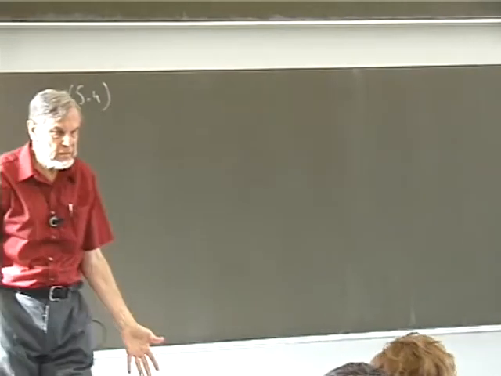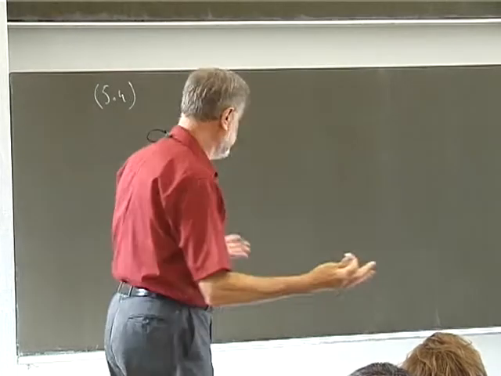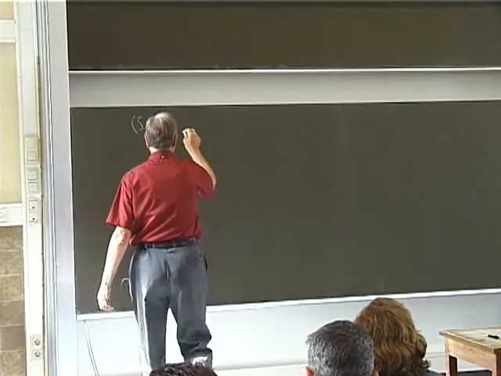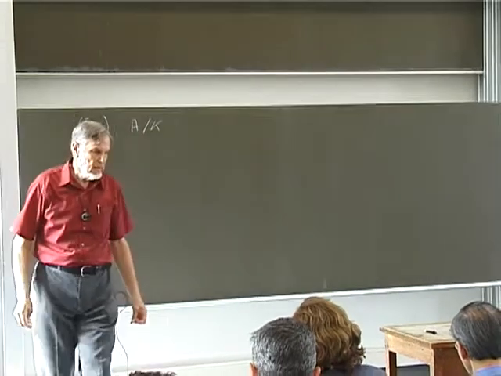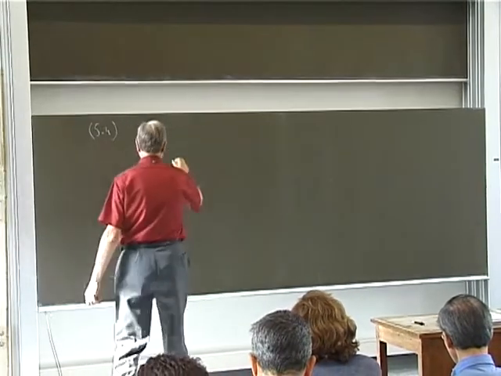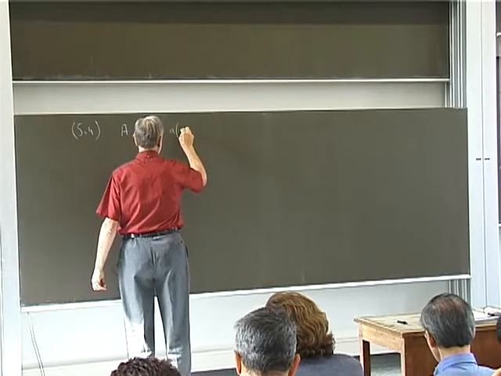I have any group scheme in characteristic p, but let's do it for an abelian variety, it doesn't matter. And this is over a field K. And I want to define for you the number a(A).